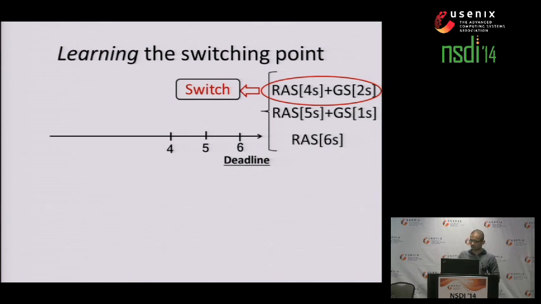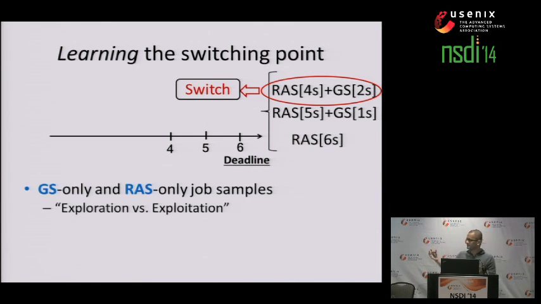Recall that this, of course, assumes that we have a sufficient number of job samples. When I say job samples, I mean accuracy with running just GS or just the RAS algorithms. This represents a trade-off that is more widely known as the exploration-exploitation trade-off. The more samples I can get, the better my calculations are going to be.